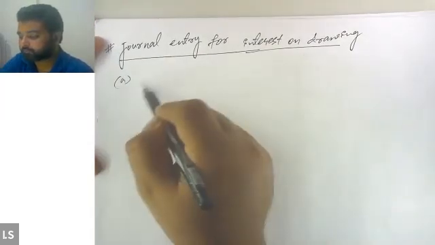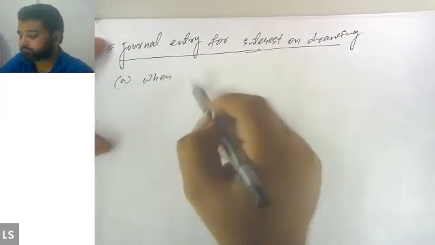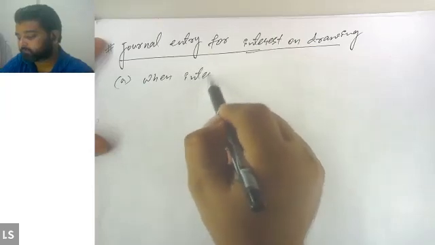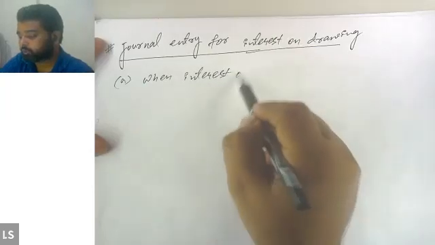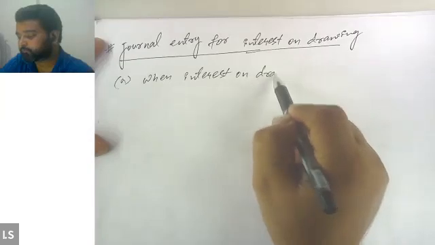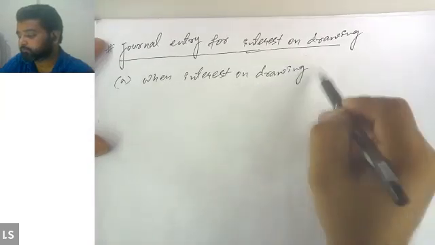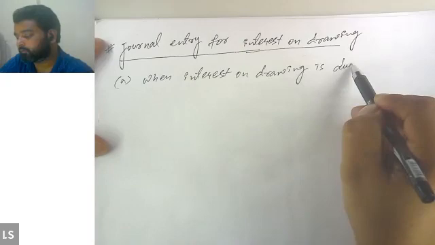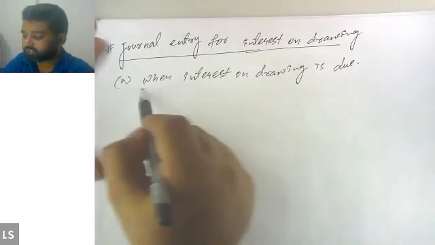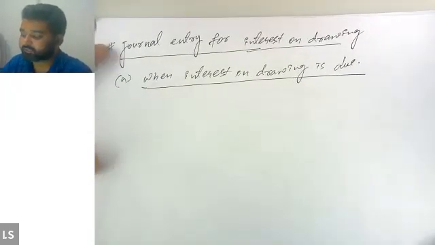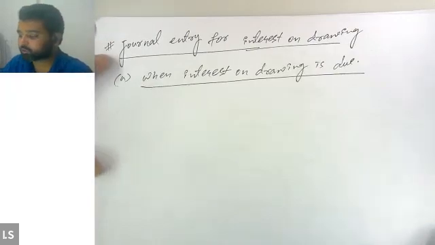First will be when interest on drawing is due. The first journal entry will be done on the date on which the interest on drawing is due.